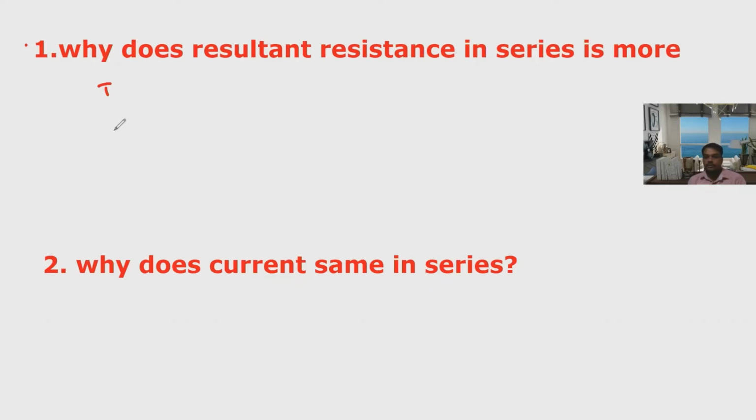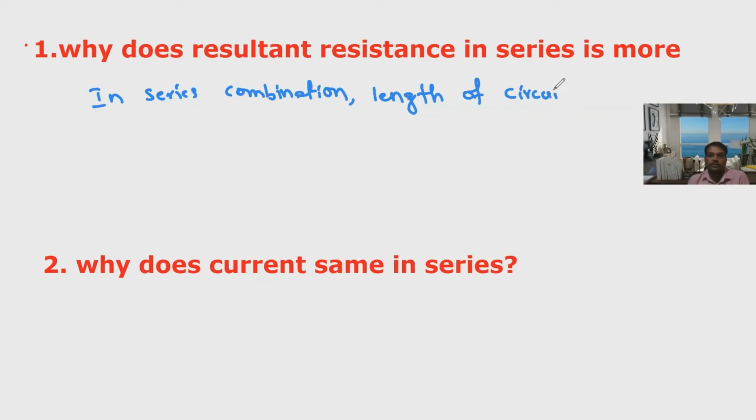In series combination, as resistors are connected end on end, the length of the circuit becomes more.